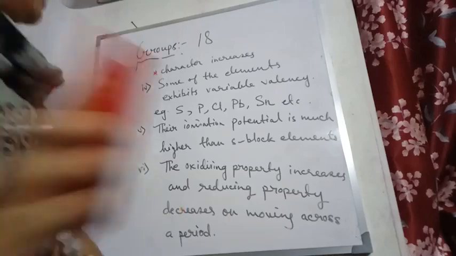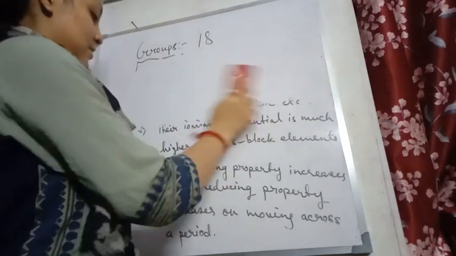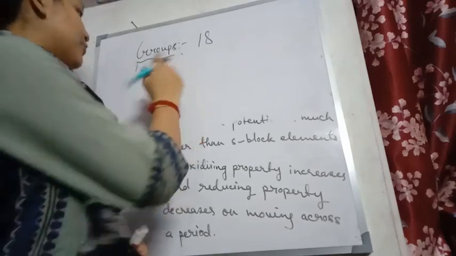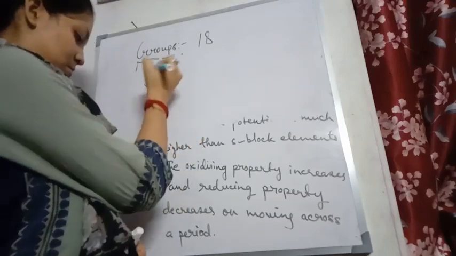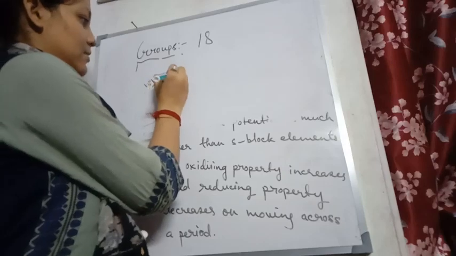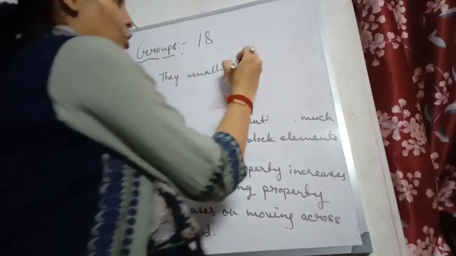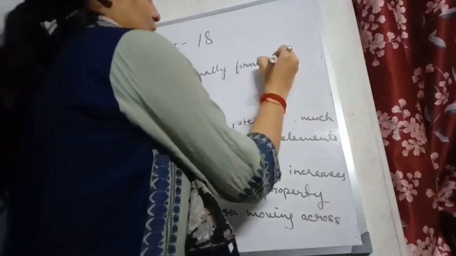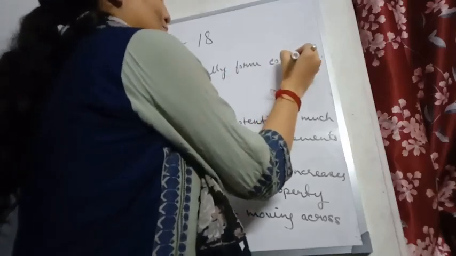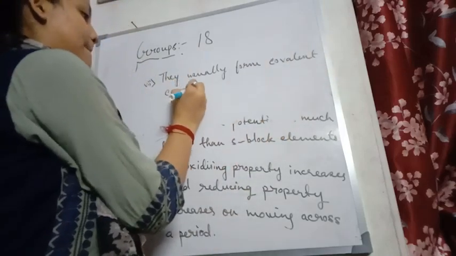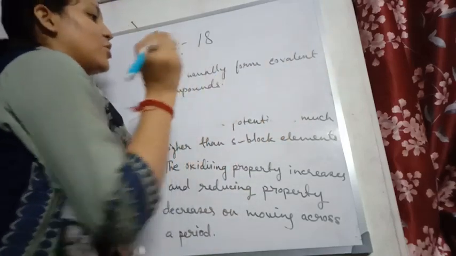Last property: they usually form covalent compounds. These are the properties of p block elements.